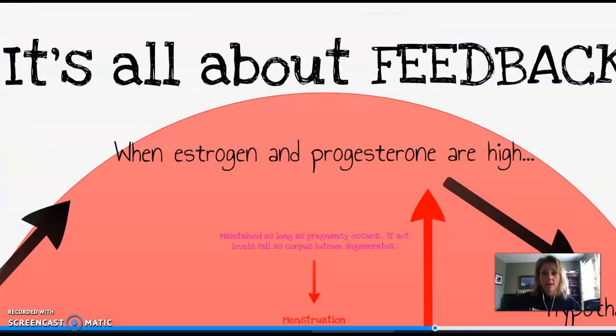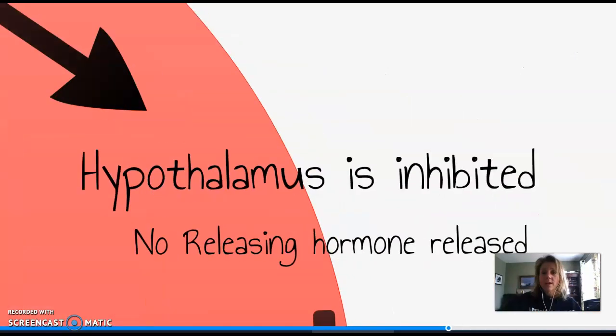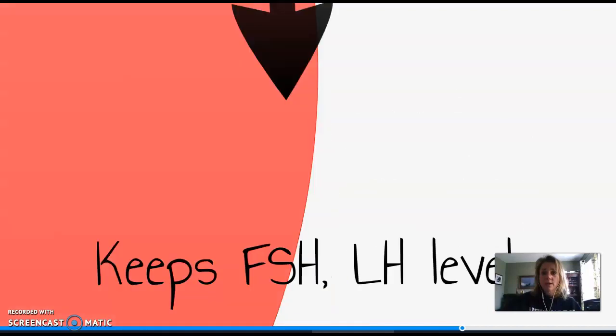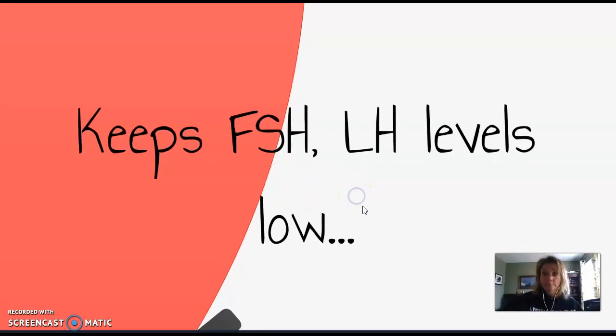It's all about feedback after all. When estrogen levels and progesterone levels are high, that's going to inhibit the hypothalamus from releasing large amounts of GnRH. That means that our LH levels especially are low. FSH levels are low as well, but FSH is being secreted.